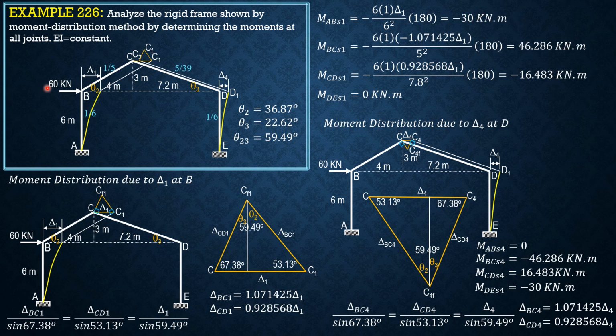By the way, the moment due to the first phase will all be zeros, because the 60 kilonewton load, the only load of this frame, is acting at a joint. So for AB, there are no fixed end moments. For BC, no fixed end moments. For CD, no fixed end moments. For DE, no fixed end moments. That's why the moments due to the loads in the first phase would all be zeros.